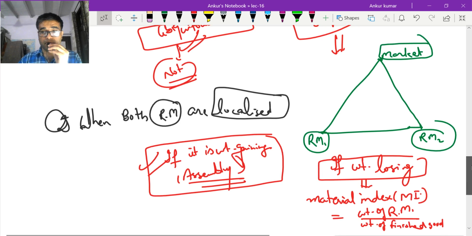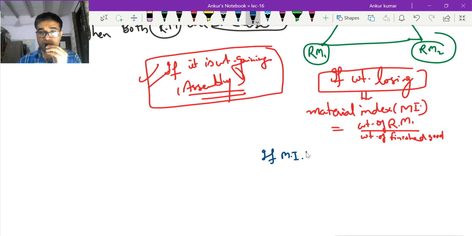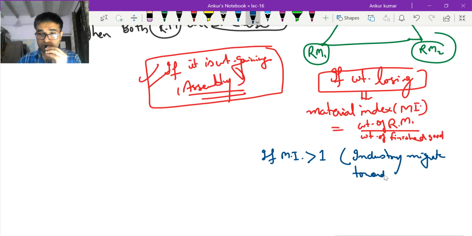Now if the material index is more than 1, in that case industry will migrate towards the raw material center, right?